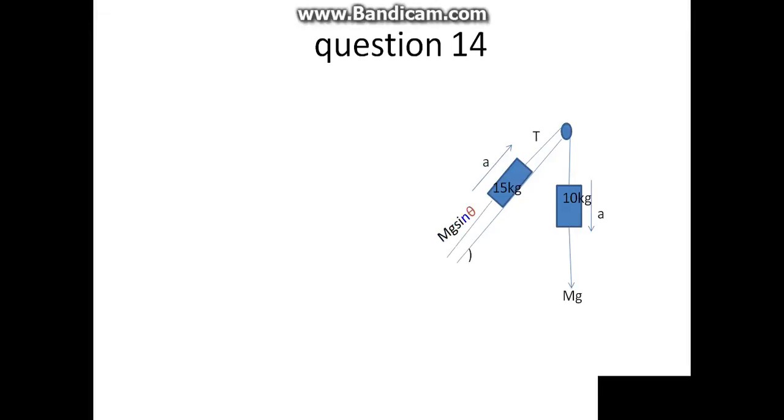Question 14. A body of mass 10 kg is hung over a pulley to be dragged up by another body of mass 15 kg moving down an inclined plane at an angle of 60 degrees. We are not given the acceleration; we are asked to look for the tension.